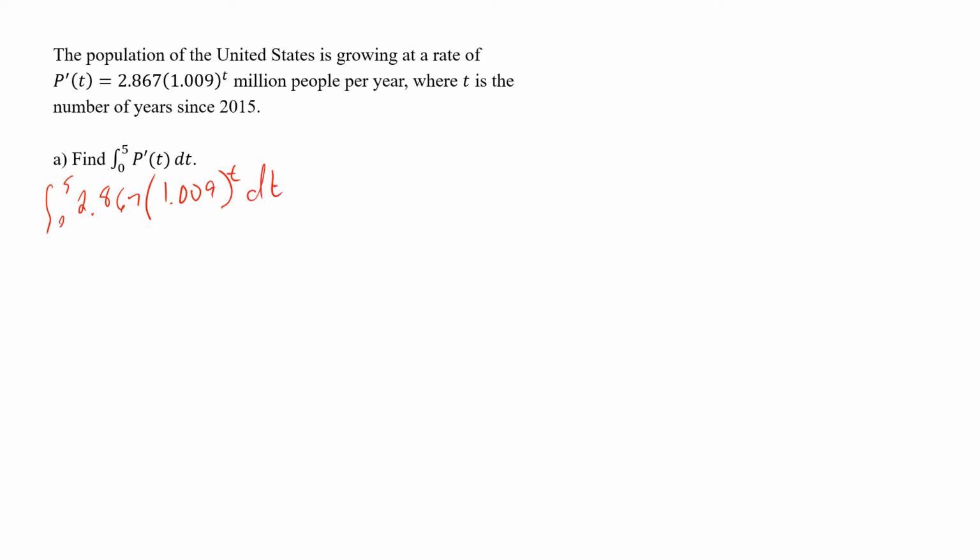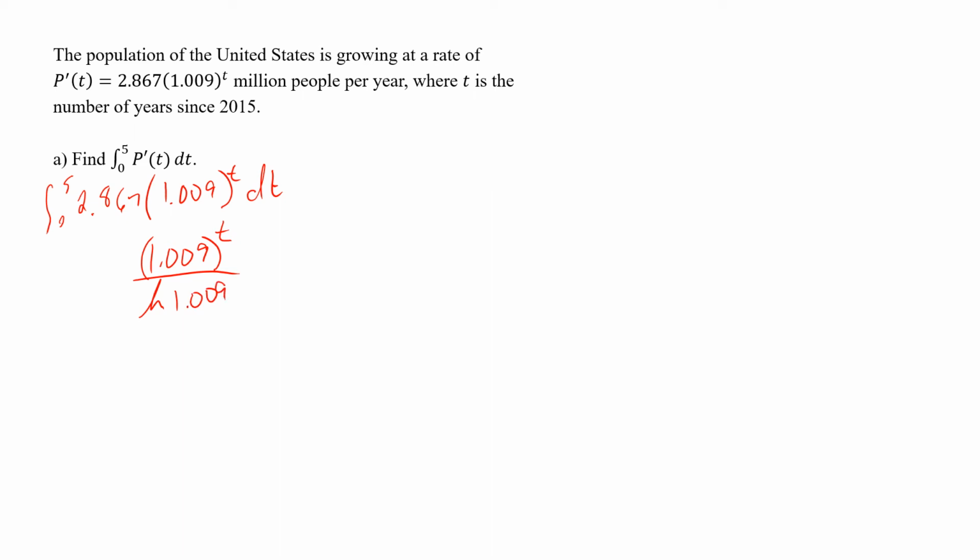Find the antiderivative. Remember the derivative of something to the x would be something to the x times natural log of that something. The antiderivative is the something to the x or t divided by the natural log of that something.